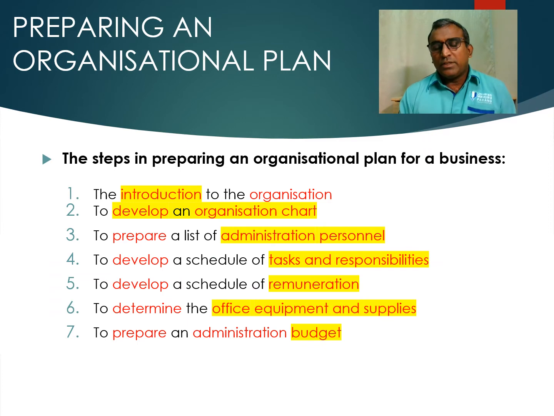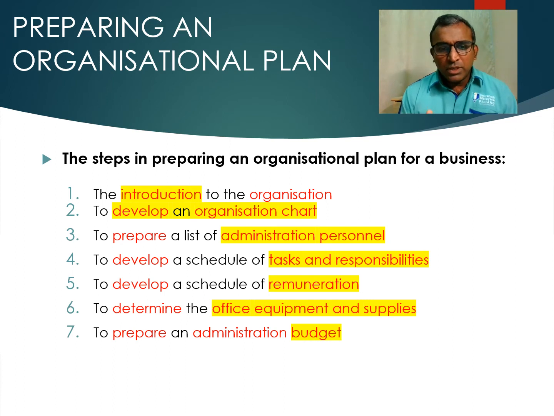Right. Next, we're going to look into how to prepare the organizational plan, how to plan for the running of the company or the business. First, you have to have the introduction. We will see all these steps in the next slides.